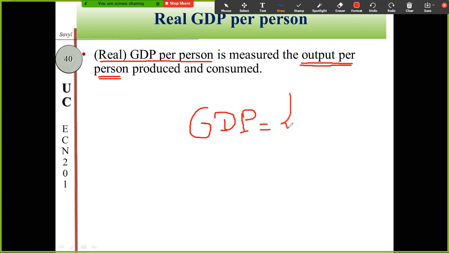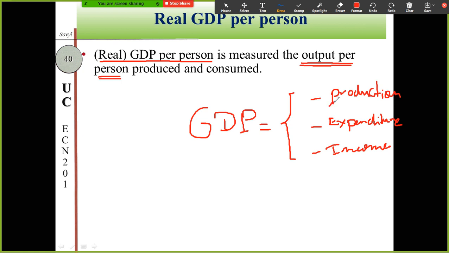So we can calculate real GDP by using three methods, or three ways, or three techniques. One is production, the other one is expenditure, and the last one is income.